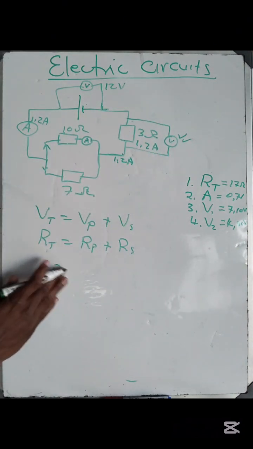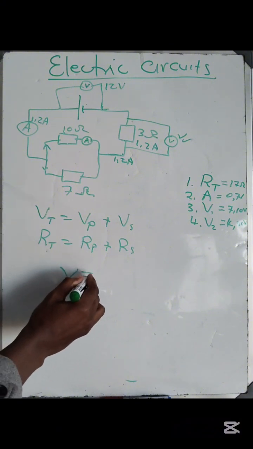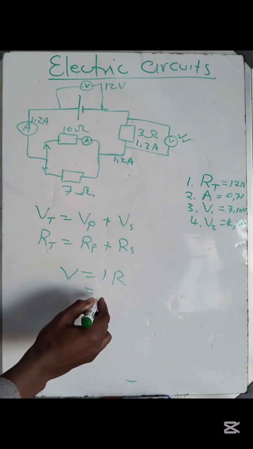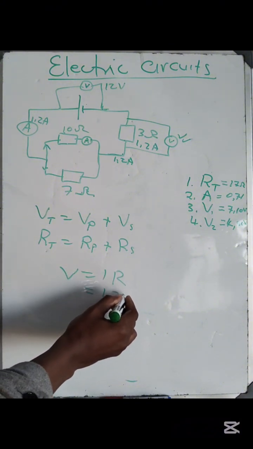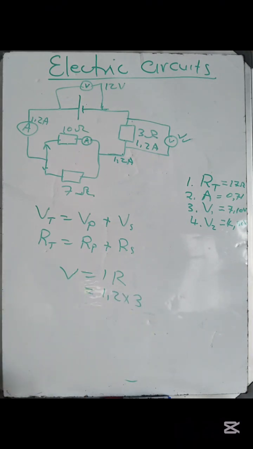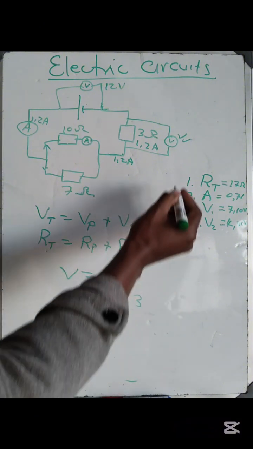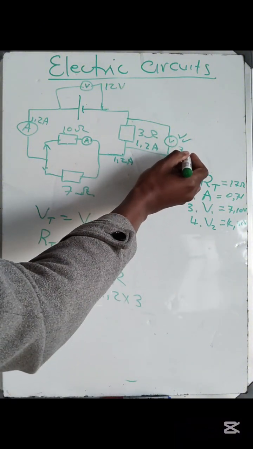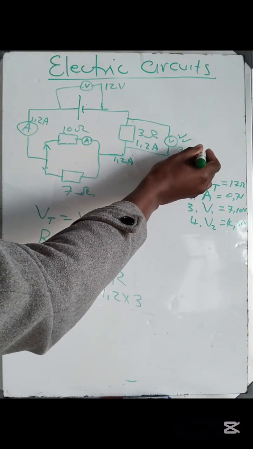So we are looking for V. V is equal to IR. The current there is 1,2 times the resistance there, which is 3. So the voltage here is 3,6 volts.